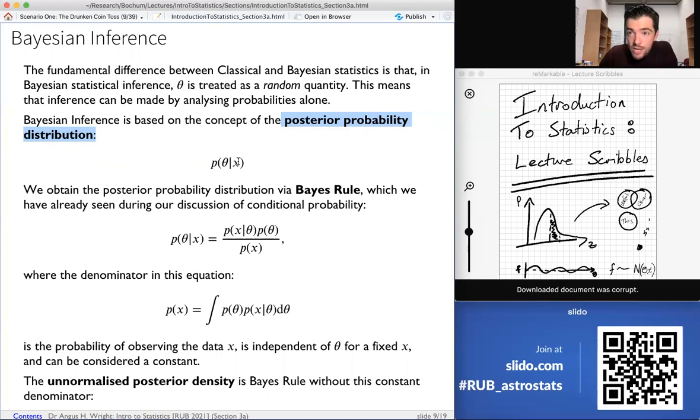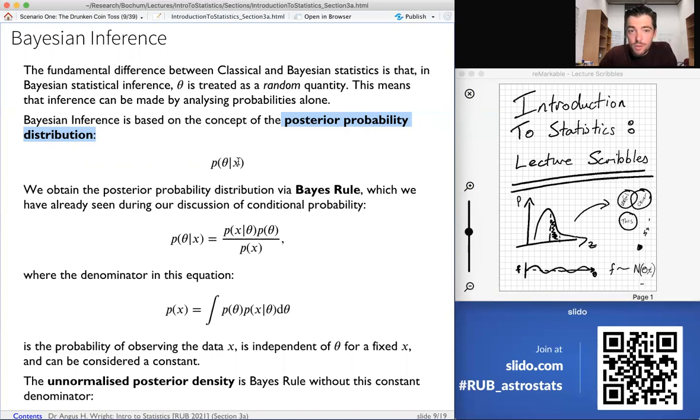The way in which we obtain the posterior probability distribution is via Bayes' rule, which is where Bayesian inference gets its name, from this guy Bayes, who created this rule.